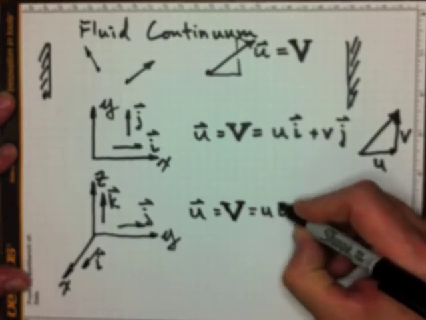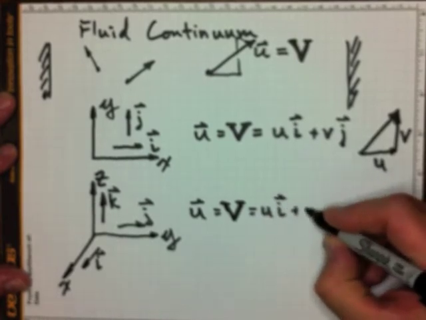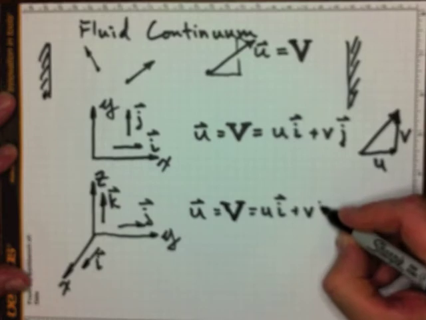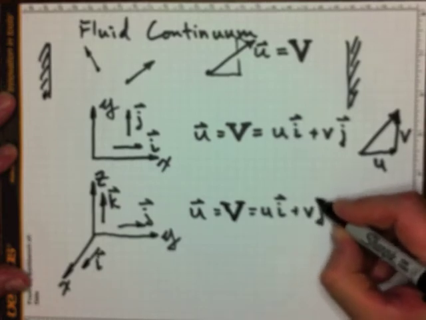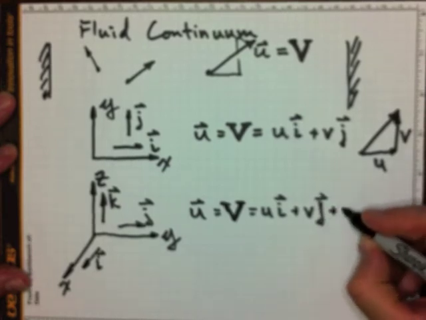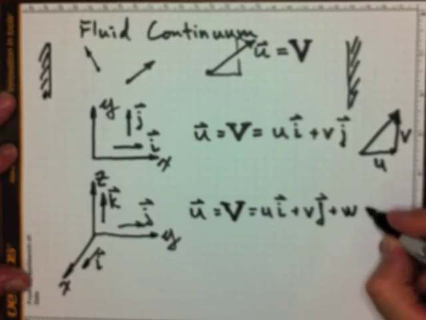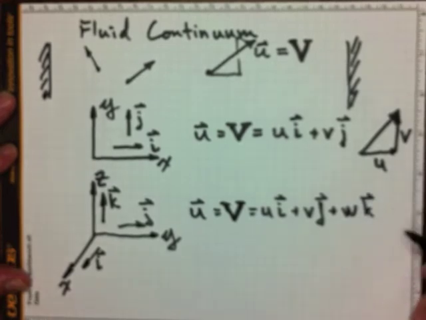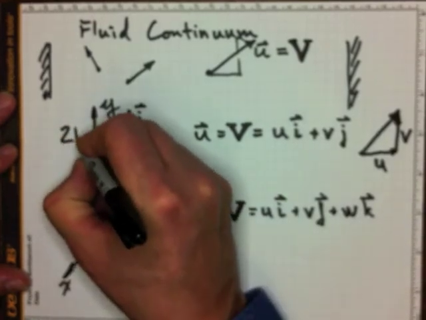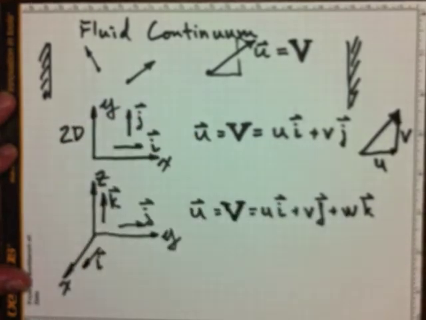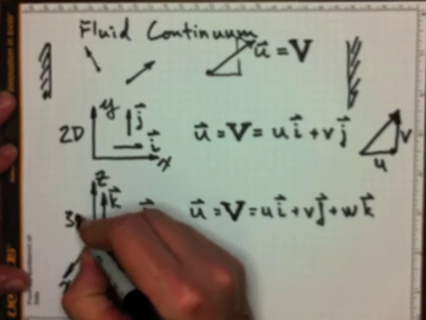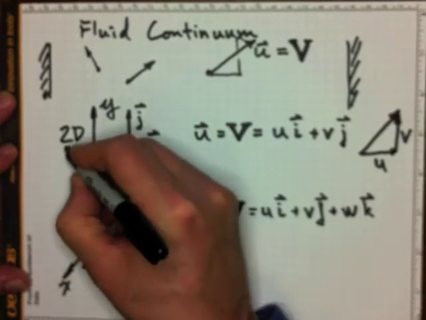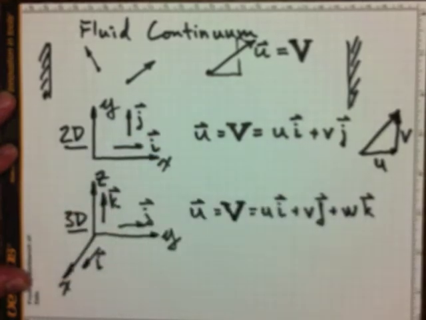The u component in the x direction plus the v component in the y direction, so times the j vector, plus a w component in the z direction, so times the k vector. So two-dimensional arrangement or a three-dimensional arrangement, depending on what type of a system we're trying to look at.